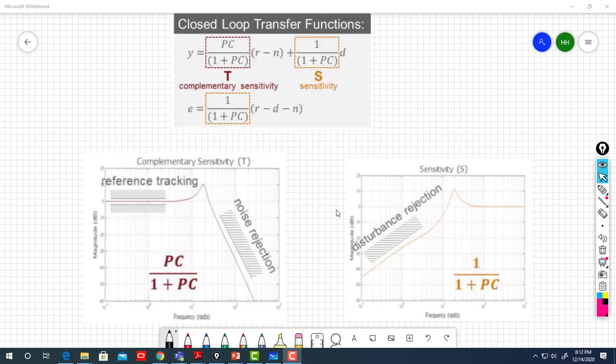What are those, and why do we need them? Well, basically, because here you have reference and noise. So ideally, I want to have good tracking at low frequency. I want my transfer function PC over 1 plus PC to look like this red curve.